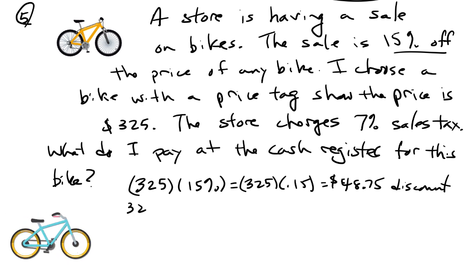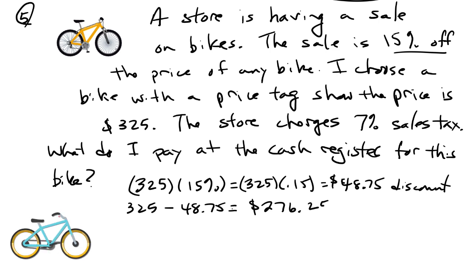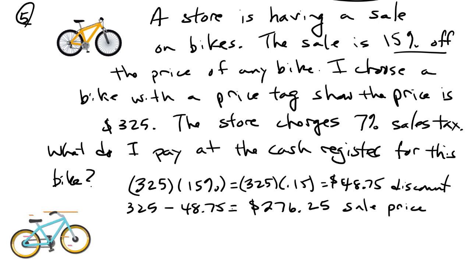So I have to take $325, subtract off $48.75. And when I do that, I get $276.25. This is the sale price. This is what it costs now with the discount applied.